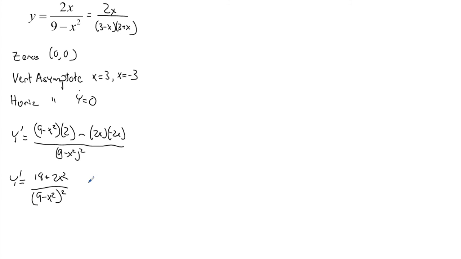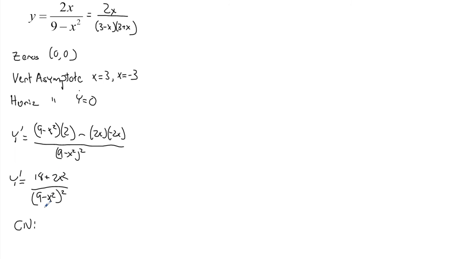And so my critical numbers, my values that have possible extrema, well, this numerator is never 0. The smallest the numerator can ever get is positive 18. So I get no critical numbers from the numerator.